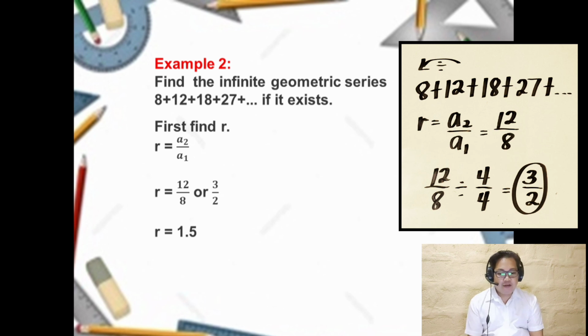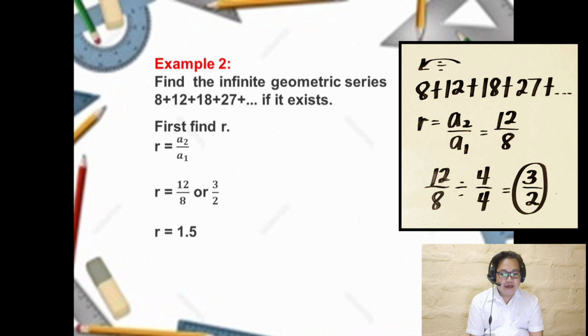Ang ating second term is 12 at ang first term natin ay 8. At ang lowest term ng 12 over 8 is 3 over 2. Kasi both can be divided by 4 or ang GCF natin ay 4. So, magiging 12 divided by 4 is 3. 8 divided by 4 is 2. So, 3 over 2.